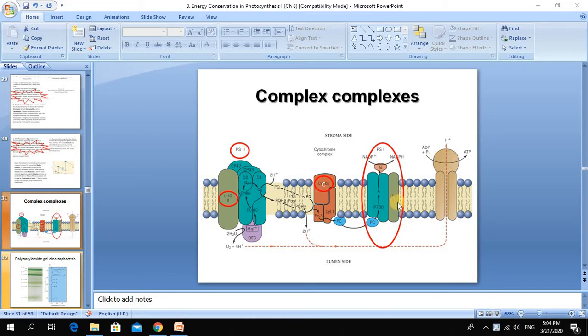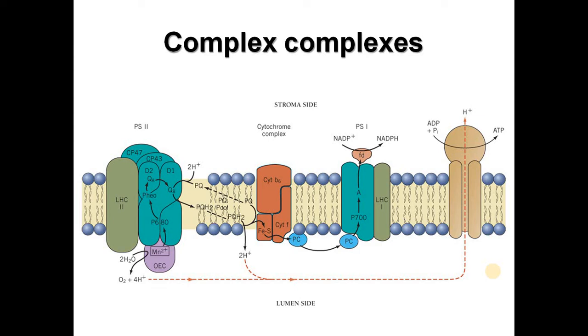So I'm going to go over the photosynthetic electron transport chain. Remember we were talking about how this happens on the granum inside the chloroplast, on the thylakoid membrane of the granum.